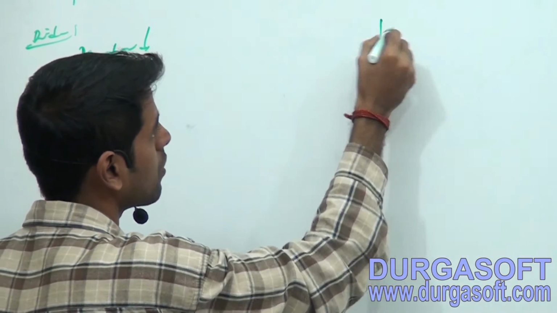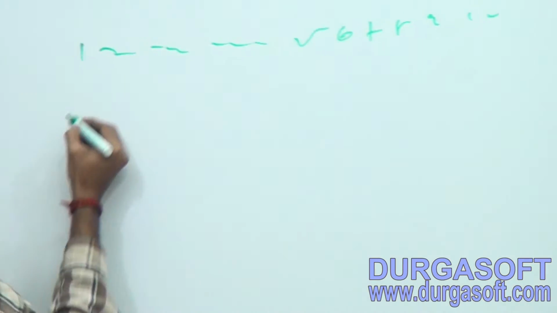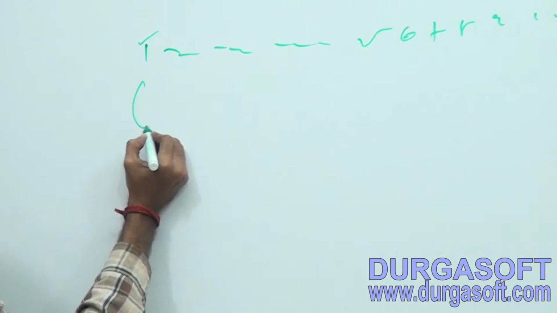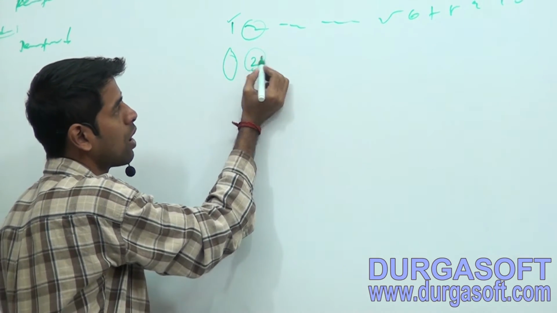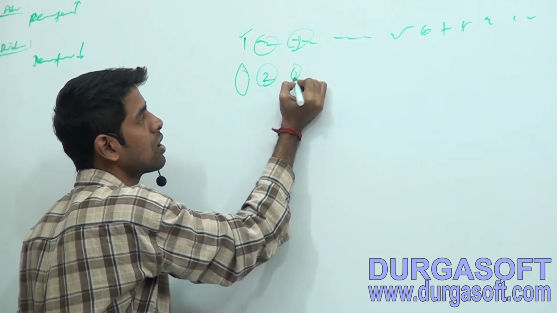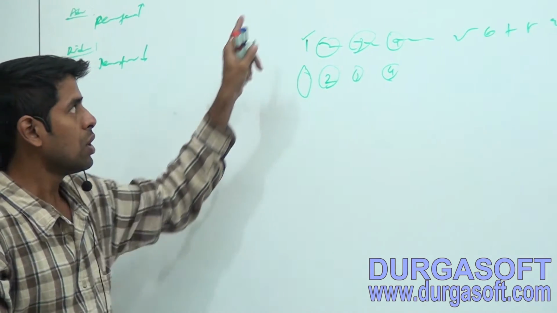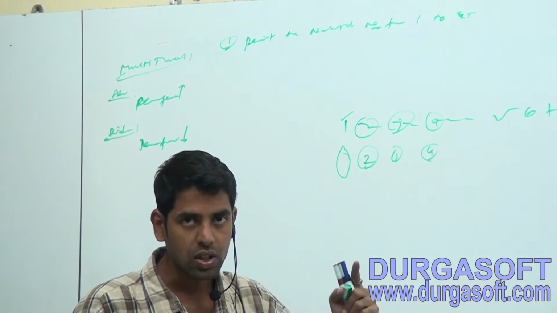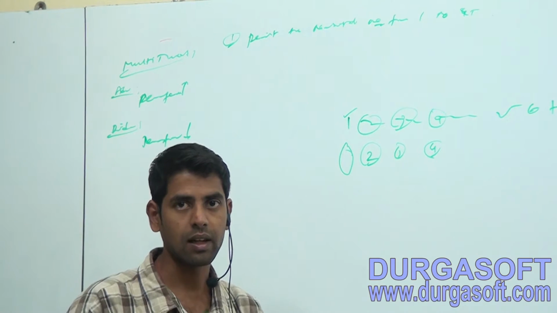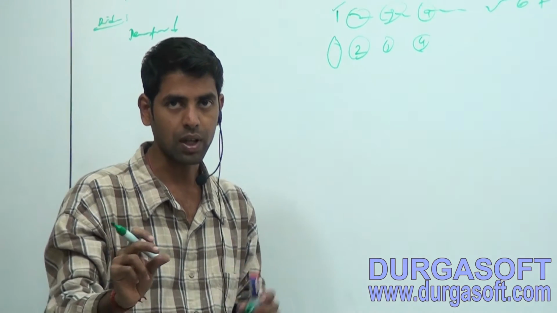Observe here, 1 2 3 4 5 6 7 8 9 10. You have to print 1 for 1 second. After 1 second you have to print 2, after 1 second 3, after 1 second 4. That is, from 1 to 45, one digit for each and every second.